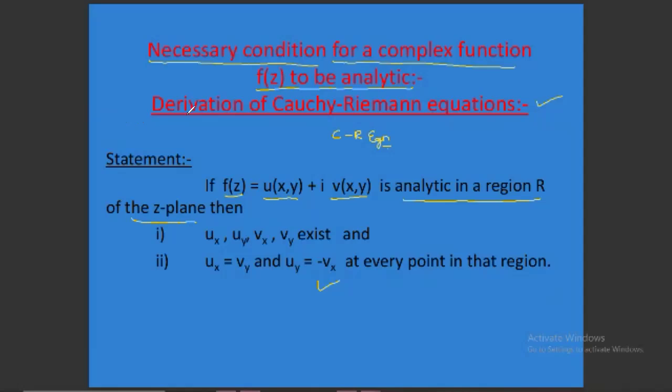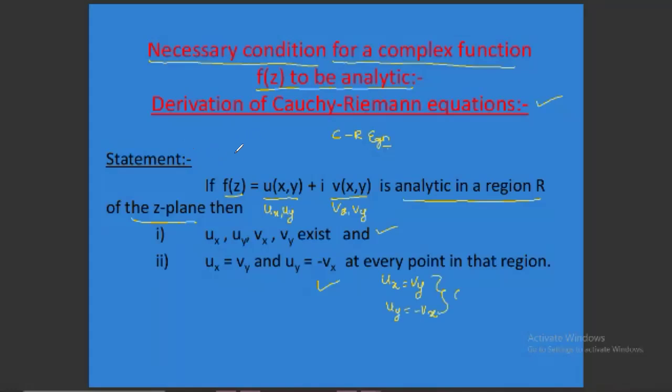The partial derivatives for u are ux, uy. Similarly, for v they are vx, vy. If these derivatives exist, they satisfy ux is equal to vy and uy is equal to minus vx at every point in that region.